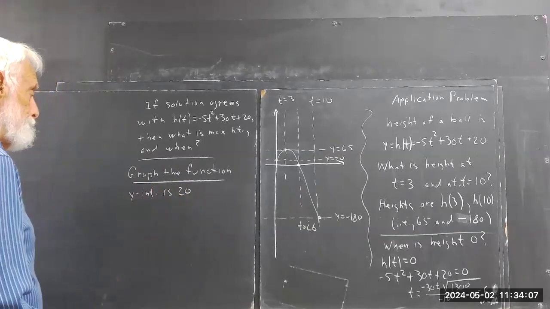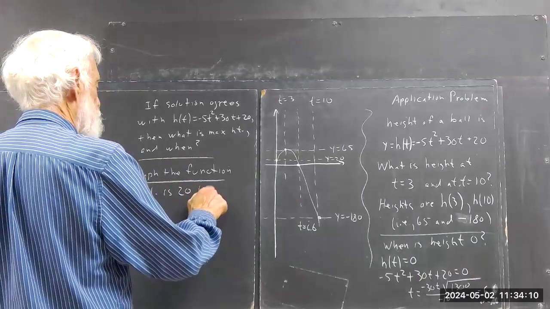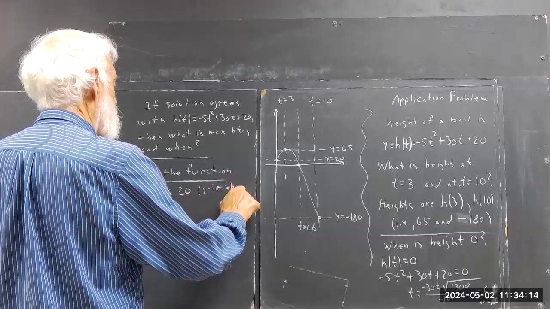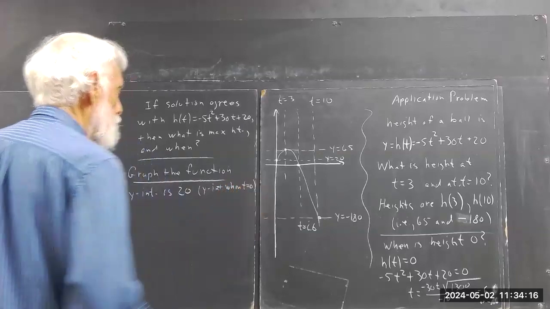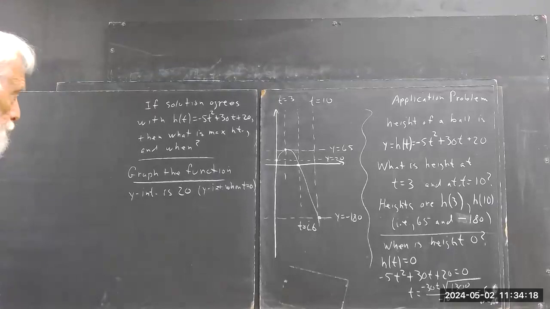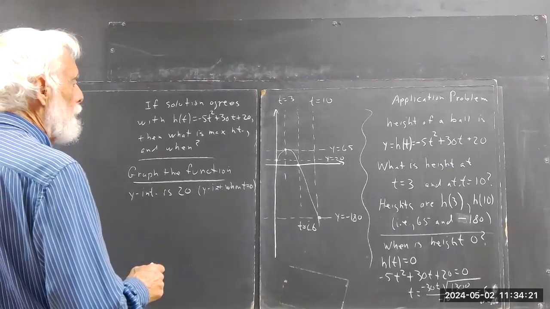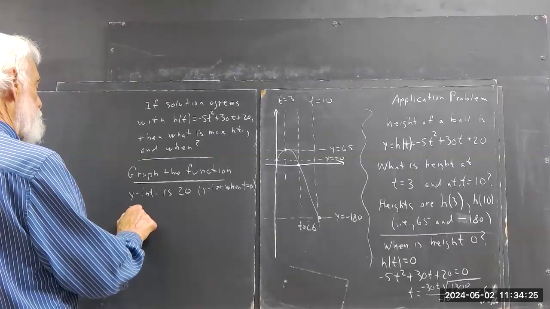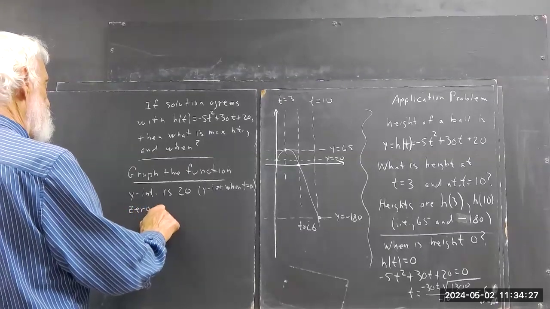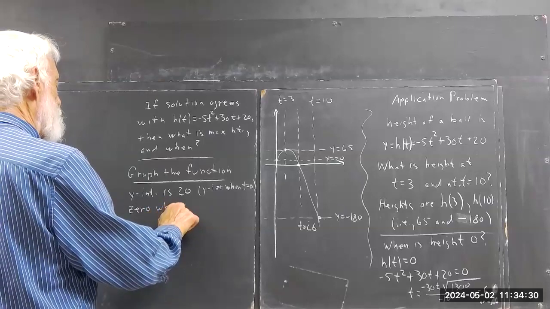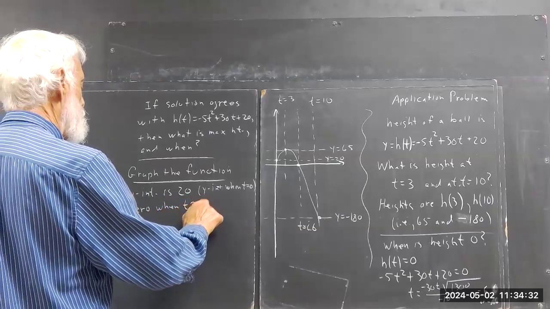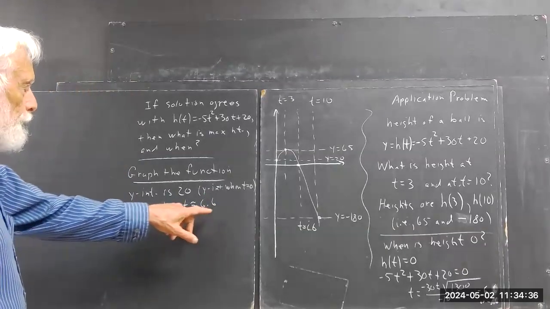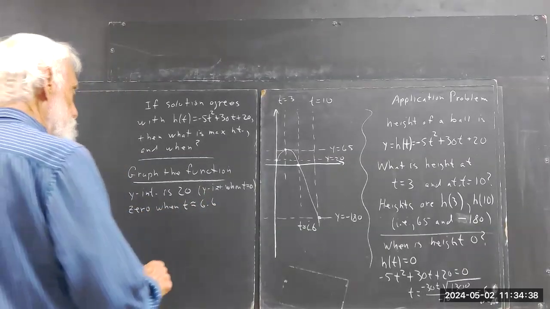Y-intercept is 20. Reviewing. Y-intercept occurs when t equals 0. It's 0 when t approximately equals 6.6.